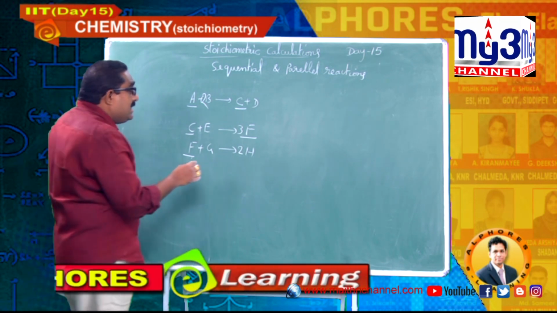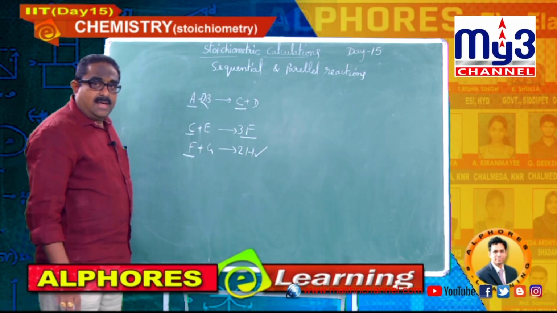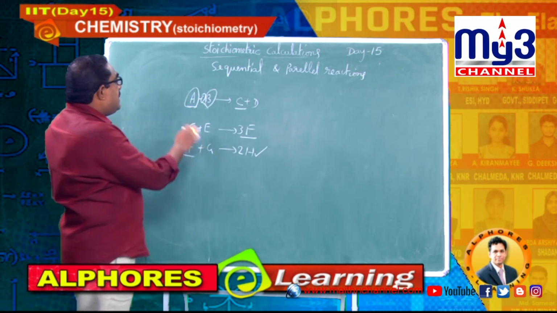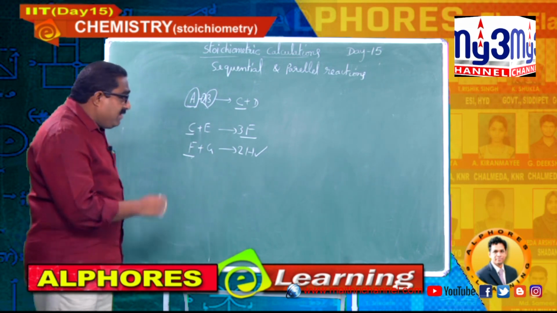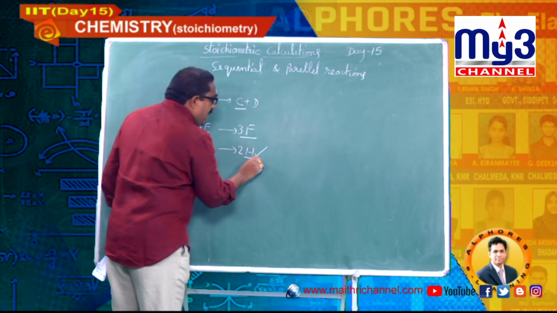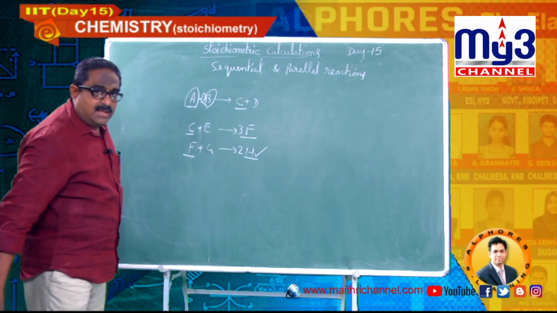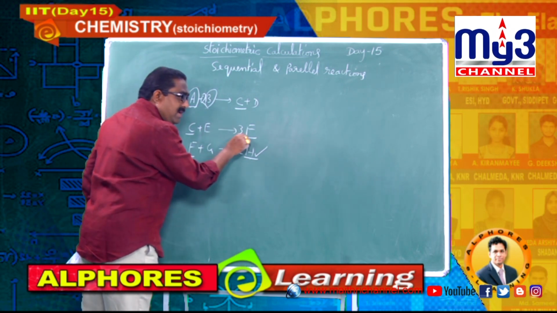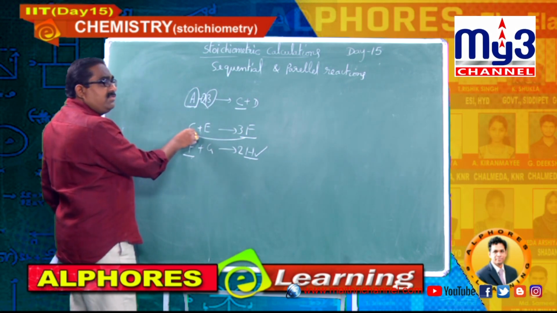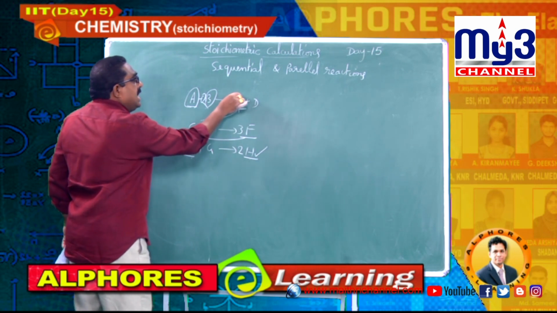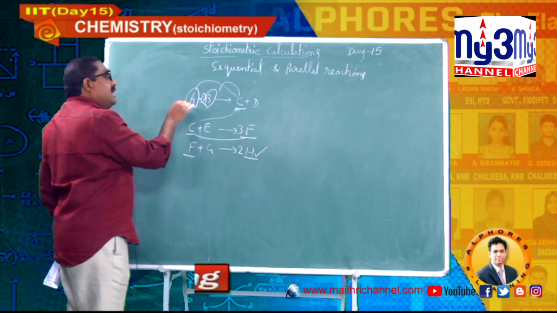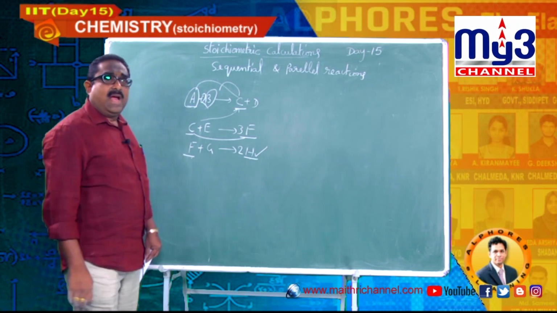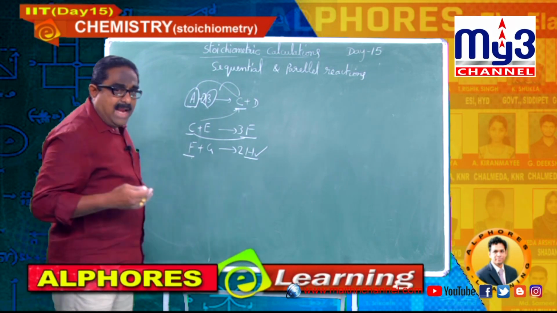And sometimes they will give the final product H and ask you for the reactants A and B, what amounts of A and B are involved in that sequence of reactions in the beginning stage to get some moles of final product H. Then from this H you have to find the moles of F, then from that the moles of C, and then the moles of B and moles of A. That's why these sets of reactions are called sequential reactions.